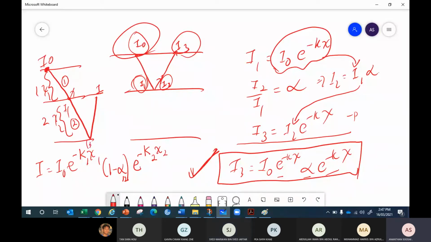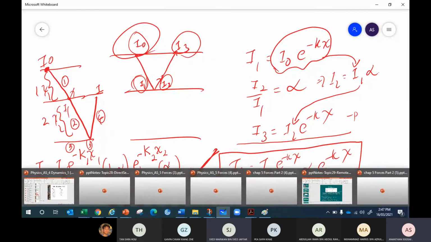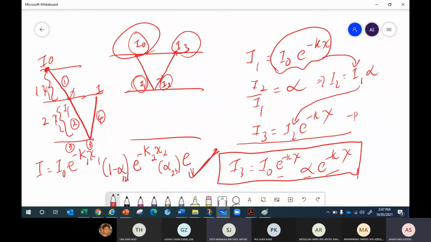Then come to 3, reflection happened, let's say you have a third medium here also. So you times with alpha, alpha 2 to 3. Then the fourth is absorption again, so e negative K2 X2 again. This is the formula, the massive one.